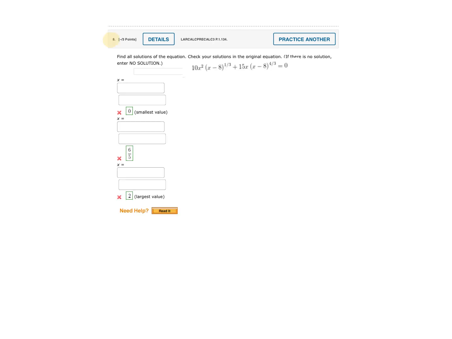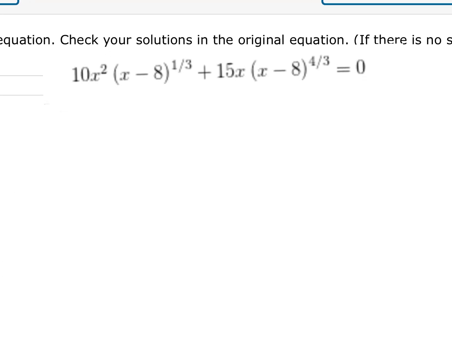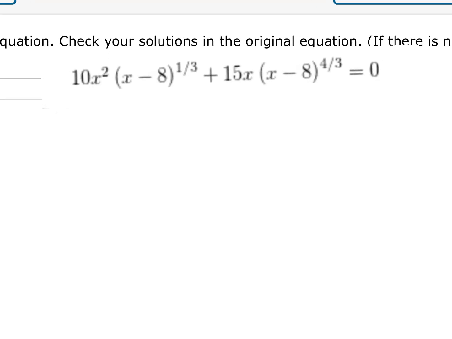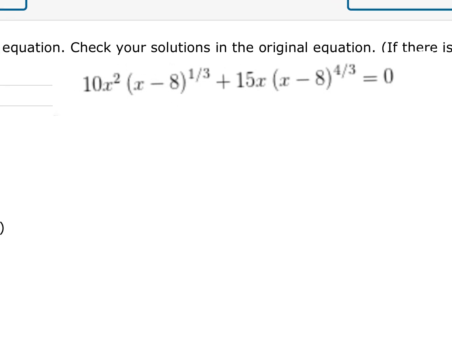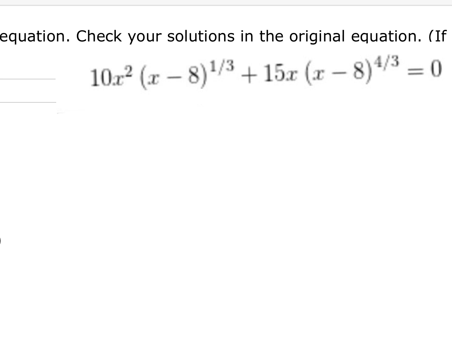So number 8 says find the solutions. What would we do to solve here? I think it's like 5x and then the x minus 8. Awesome. We want to take out our GCF, so we're going to take out a 5x. Perfect, because that's our GCF from the coefficients of our parentheses here.